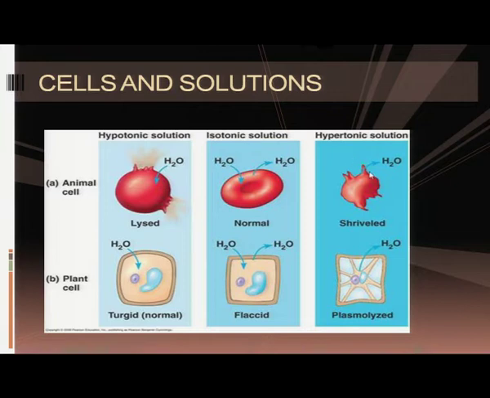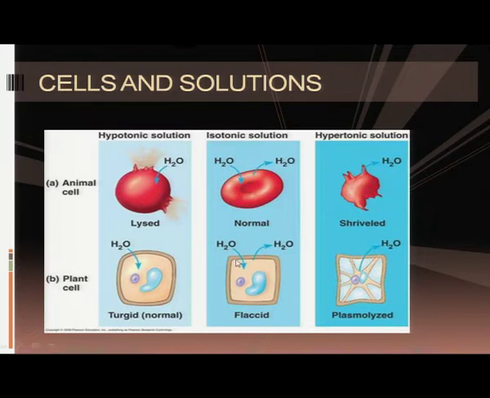However, in a hypertonic solution, most of the water is drained out because of osmosis and the cell shrivels. The effects are also there on plant cells, but they are not that drastic because of the presence of the cell wall. Plant cells can bear hypotonic, isotonic and hypertonic solutions much better than animal cells because of the cell wall.